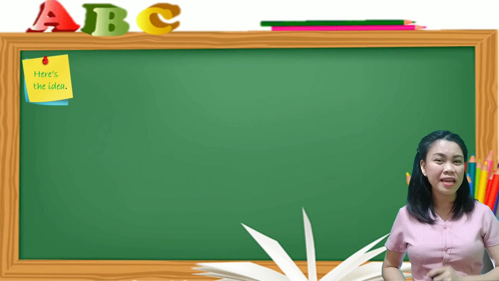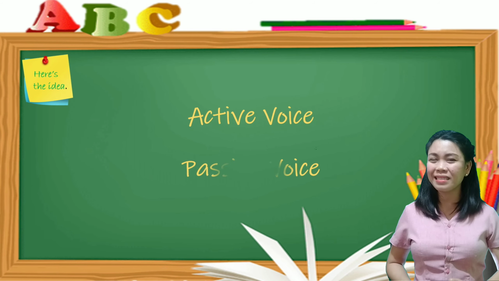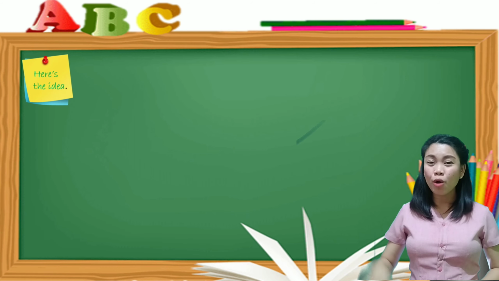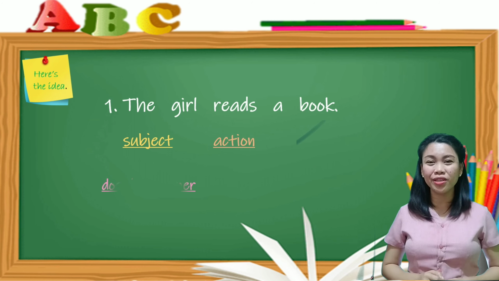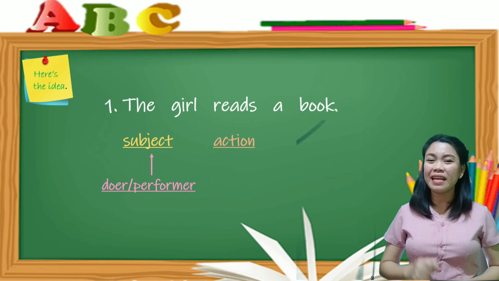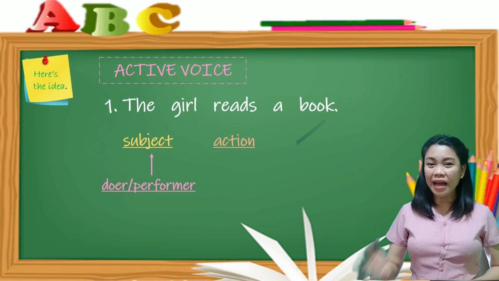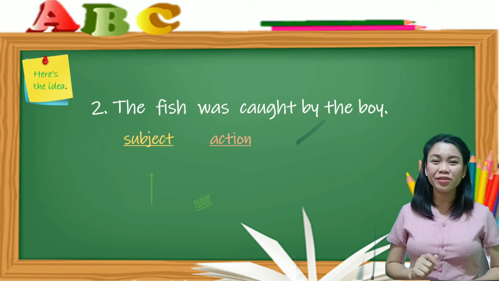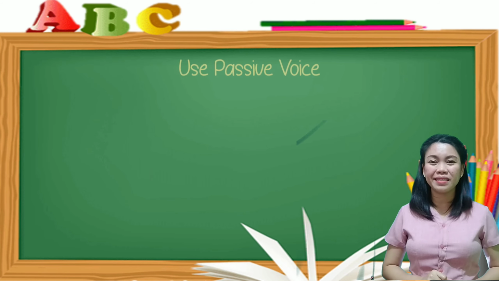The first one is the active voice, and the second one is the passive voice. Here's the idea. When the subject of the sentence is the doer of the action, the verb is in active voice. Whereas, when the subject is the receiver of the action, the verb is in passive voice.